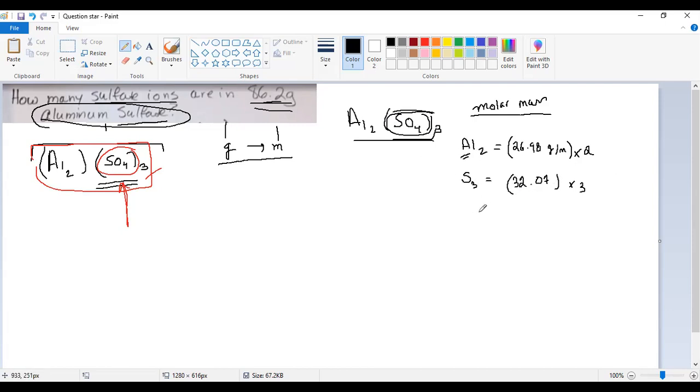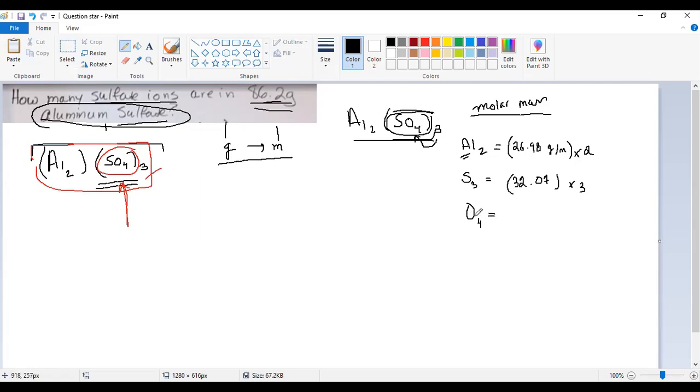And of course, with oxygen, right? You have 4 per molecule. If you were to not look at the 3 here, you have 4 oxygens, but you also have 3 ions, right? You have 3 sulfurs, you have 3 sulfates. So it's 4 per sulfate, which would mean that you have 4 times 3, which is 12. You can almost think about this as distributing the 3 inside the parentheses.